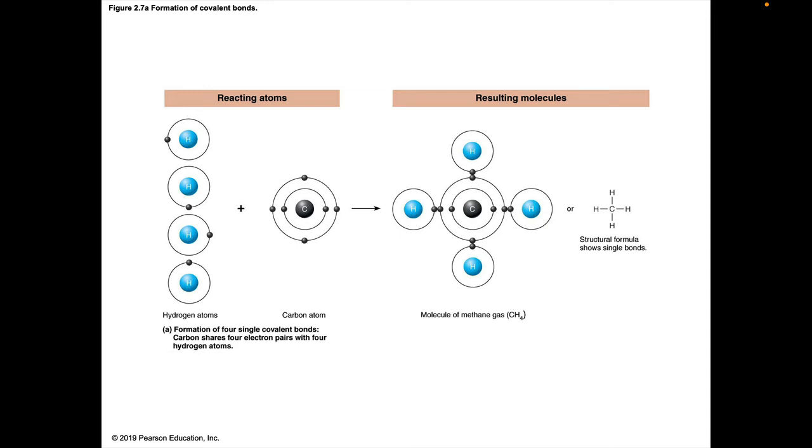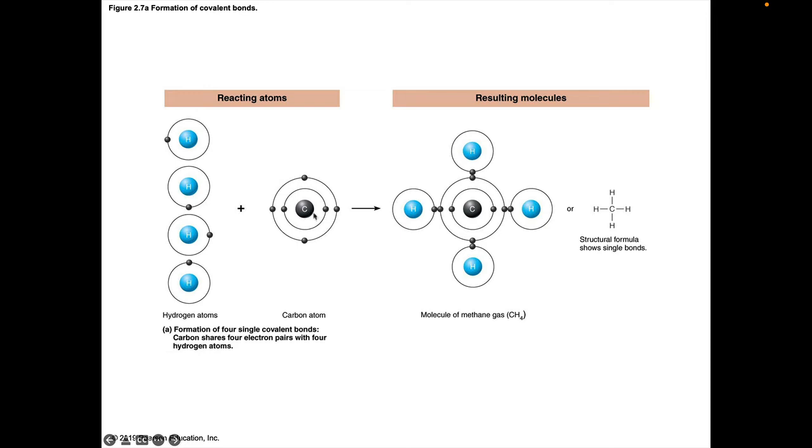So in this case, we've got hydrogen, which has 1 electron in its outer shell, and carbon, which has 4 electrons in its outer shell. Carbon is going to share one of its outer shell electrons with hydrogen, and hydrogen is going to share one of its outer shell electrons with carbon.